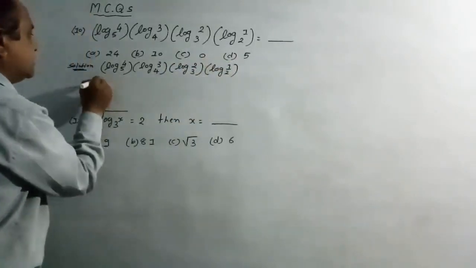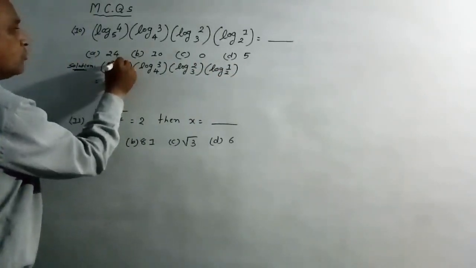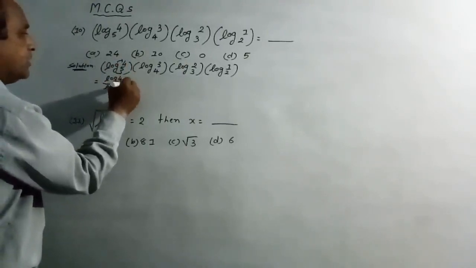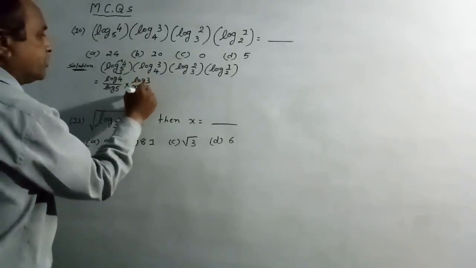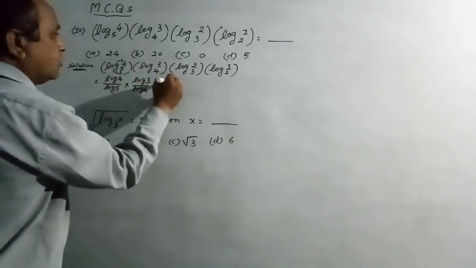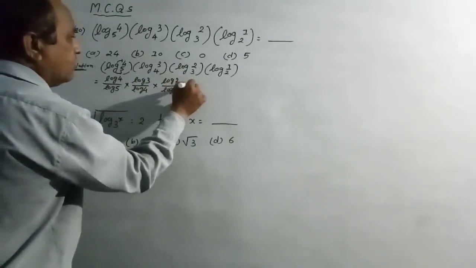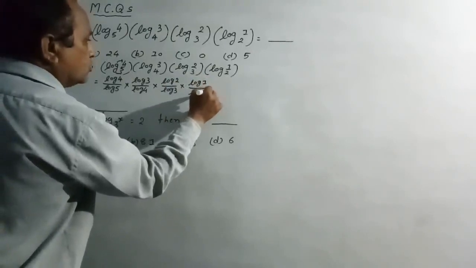Now change the base. Log 4 upon log 5, numerator and denominator, multiplied by log 3 numerator and log 4 denominator. Similarly log 2 by log 3 and log 1 by log 2.